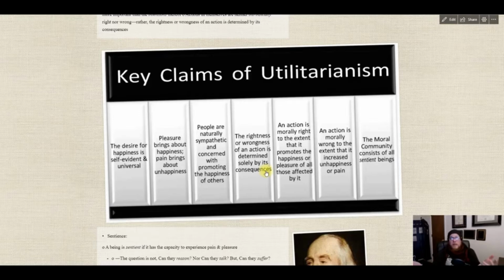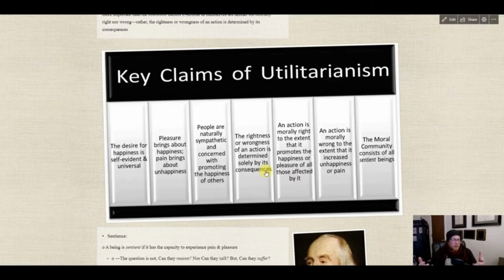That's why some utilitarians, like Peter Singer, will say of animals, it's not that they have rights, but they're part of the moral community, and we need to consider the feelings, not in the sense of emotions, but in the sense of pleasure and pain, of other creatures in the decisions of humanity. What we do affects not just us, but those beings that experience pleasure and pain.